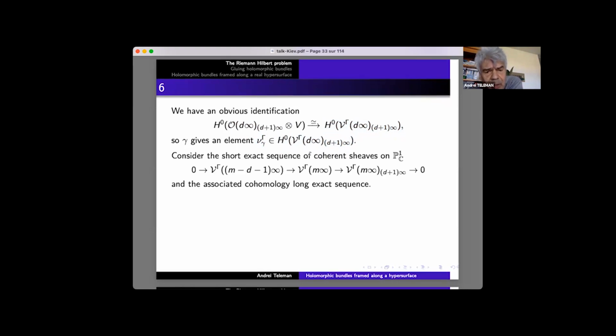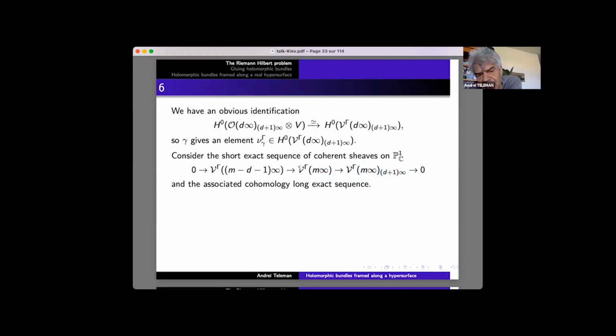Okay, now this is absolutely elementary in complex geometry. Here we have a short exact sequence of coherent sheaves on P1, and here one can consider the epimorphism, defined in this way, which is very geometric.